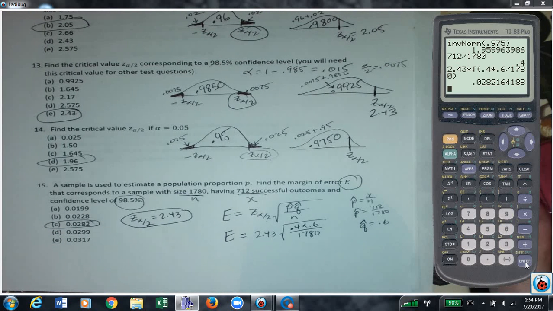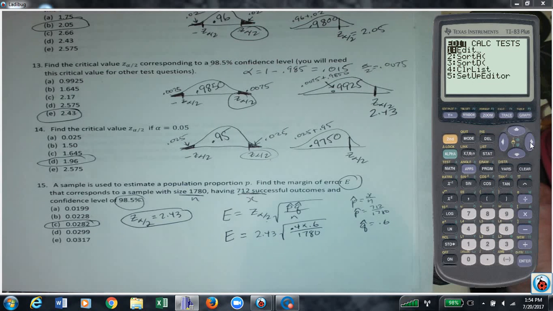Okay, let's see what happens if I try and do this with a test. So I have one proportion, and I'm going to do a z-test. Make sure that it's the one proportion z-interval. I believe that's the one I do.